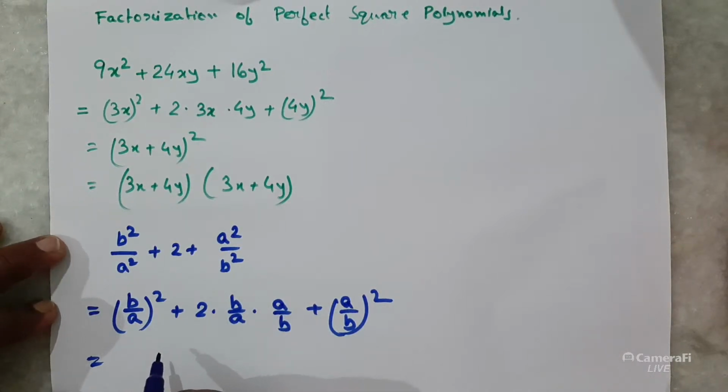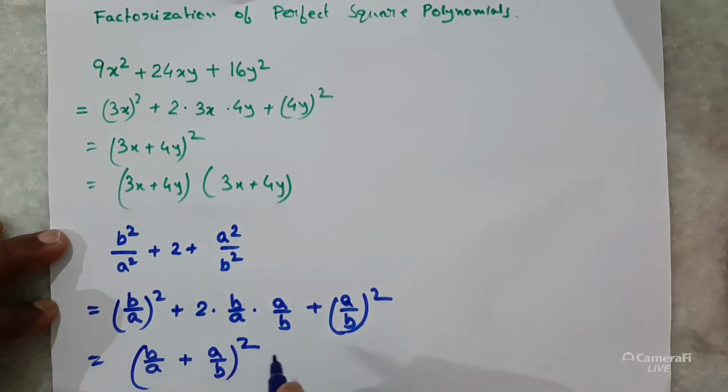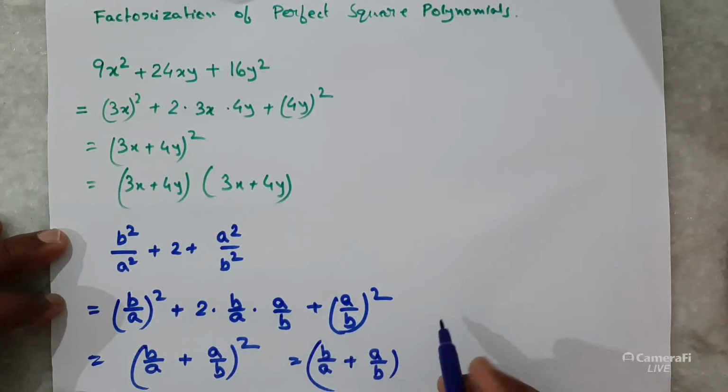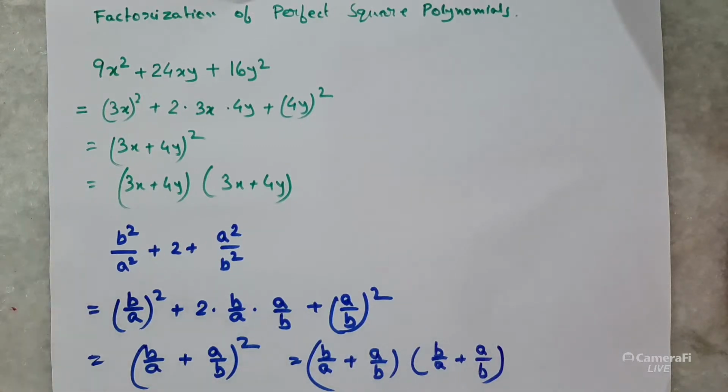So it will be b by a plus a by b whole square, that is b by a plus a by b into b by a plus a by b. This is the factorization.